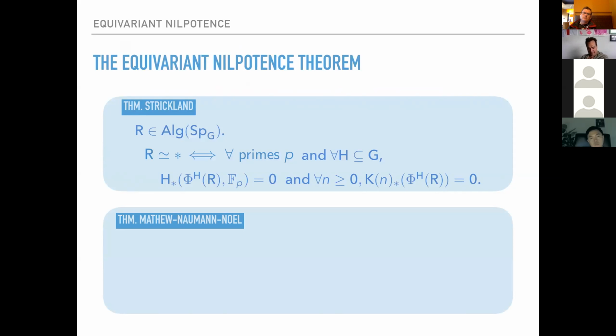So the May conjecture has an equivariant analog, and it's just as easy to extend the old one to the new one. In this case, I have a commutative algebra in genuine G spectra. So that's E infinity in what's sometimes called a naive E infinity ring spectrum. So no norm structures assumed here. But this is still a pretty useful category of ring spectra.